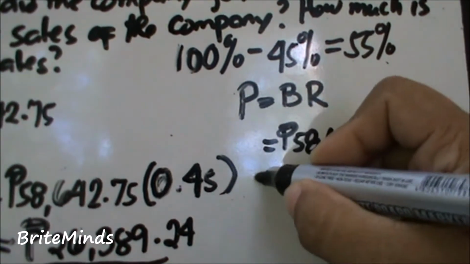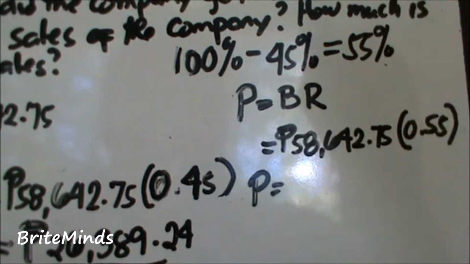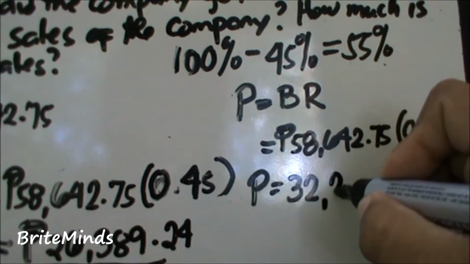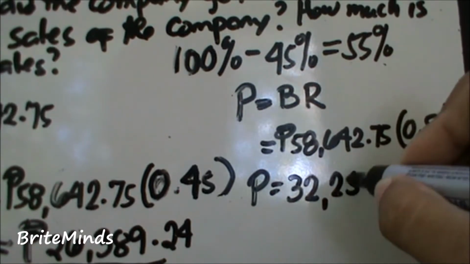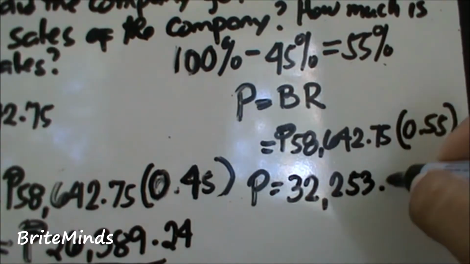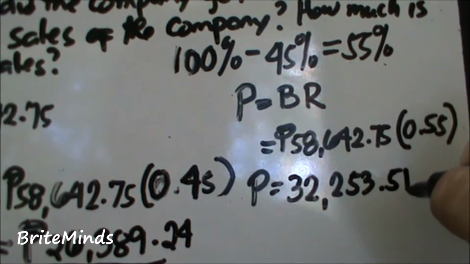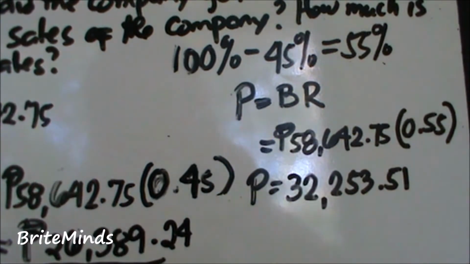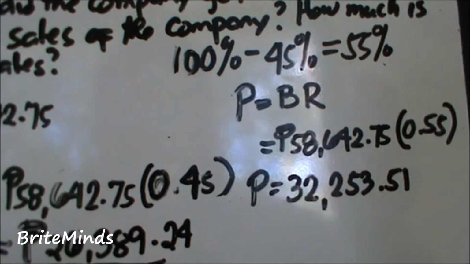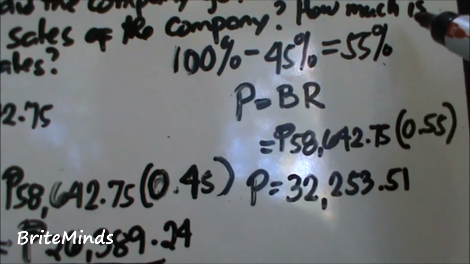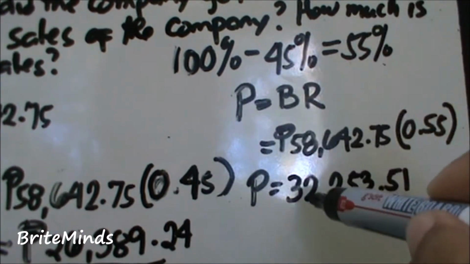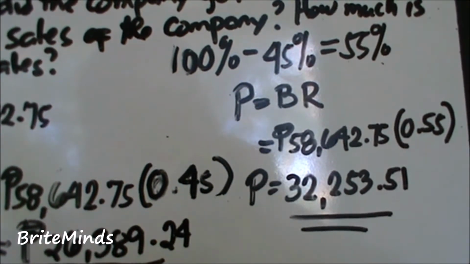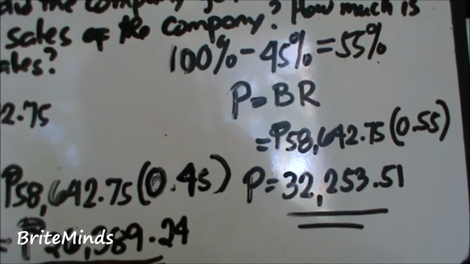So the percentage will be 32,253 pesos and 51 centavos. Okay, so 55% is the cost of sales, and the cost of sales is 32,253 pesos and 51 centavos.